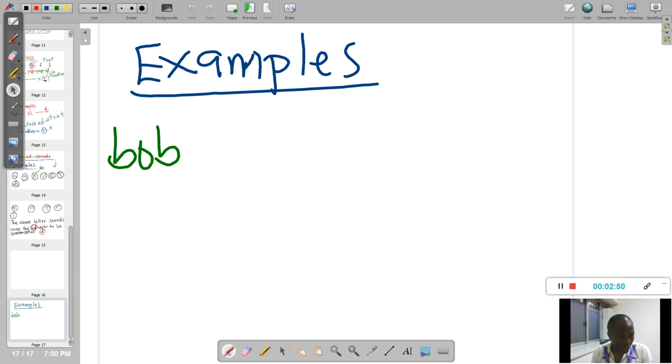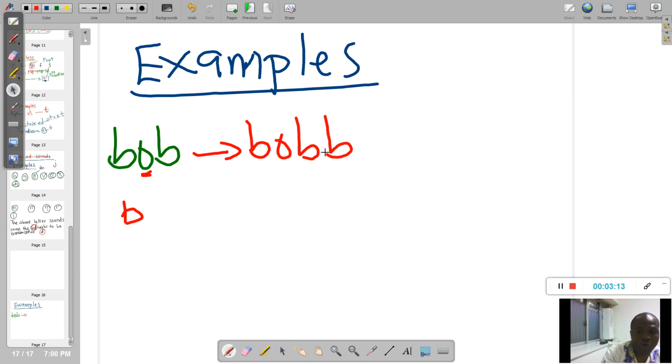If I want to change it to past tense, you realize that the o here is a short vowel, and because it's a short vowel, I am able to add another b to the b which we already have, and our last is going to be the ED. So this will change the word bob into the past tense.